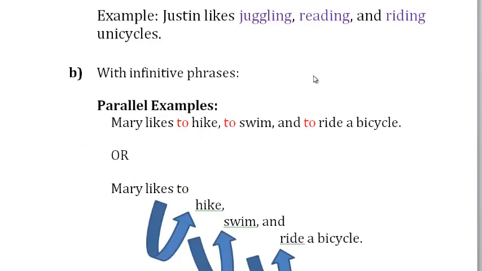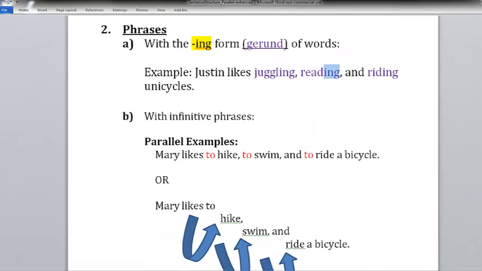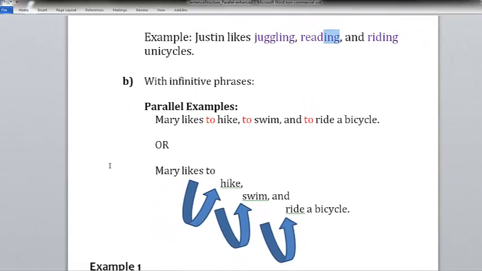We're going to look at two examples here. The first example is Mary likes to hike, to swim, and to ride a bicycle. When we're looking at this, we can see that to hike is one item, to swim is the second item, and to ride a bicycle is the third item.